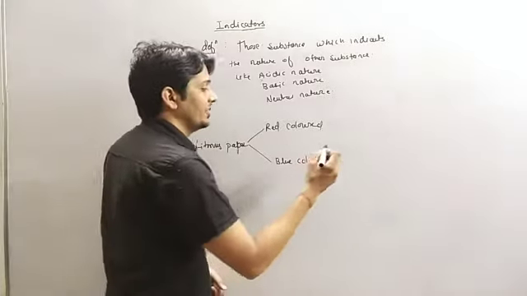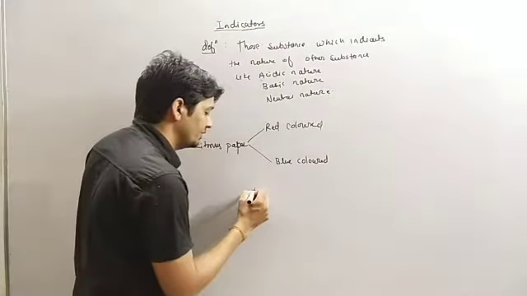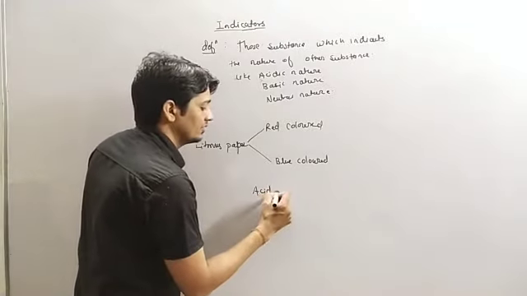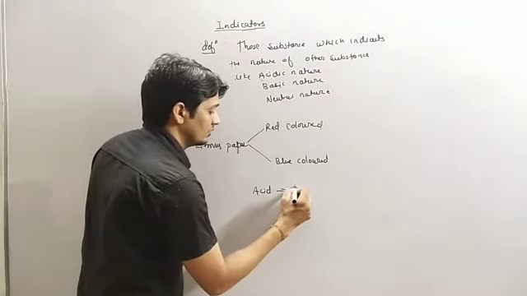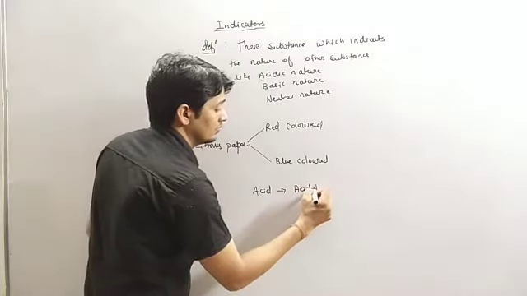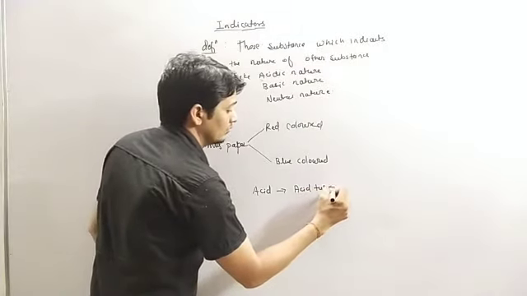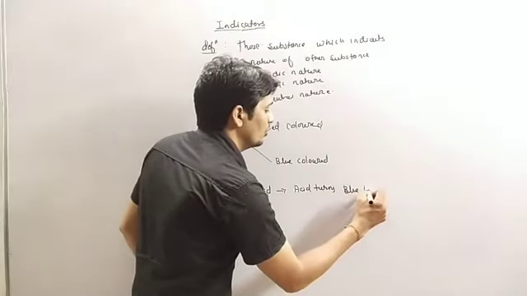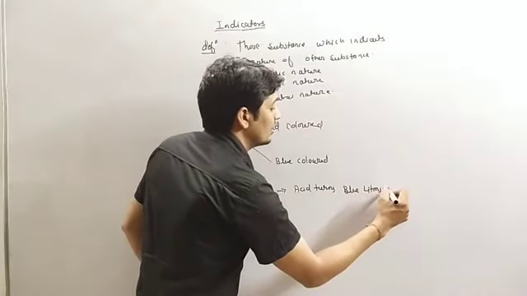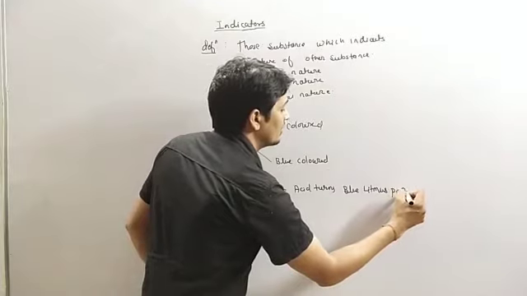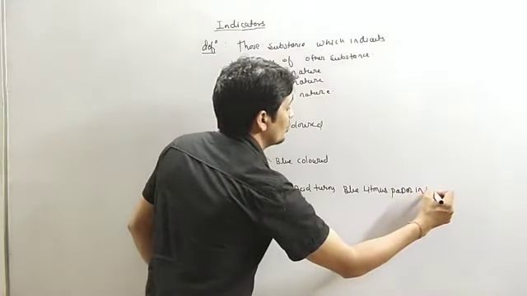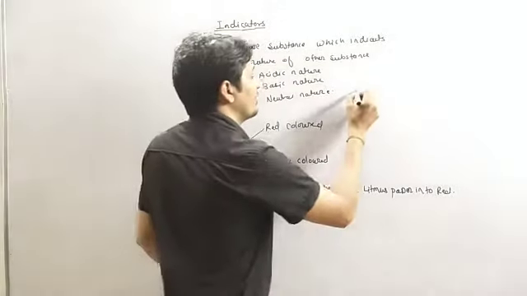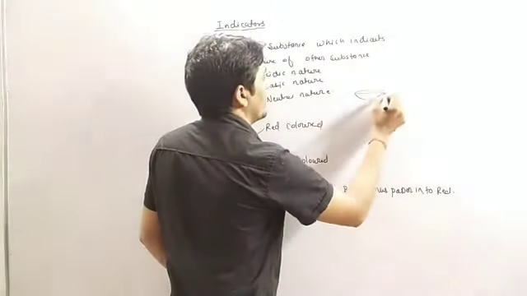So acid turns blue litmus paper into red.